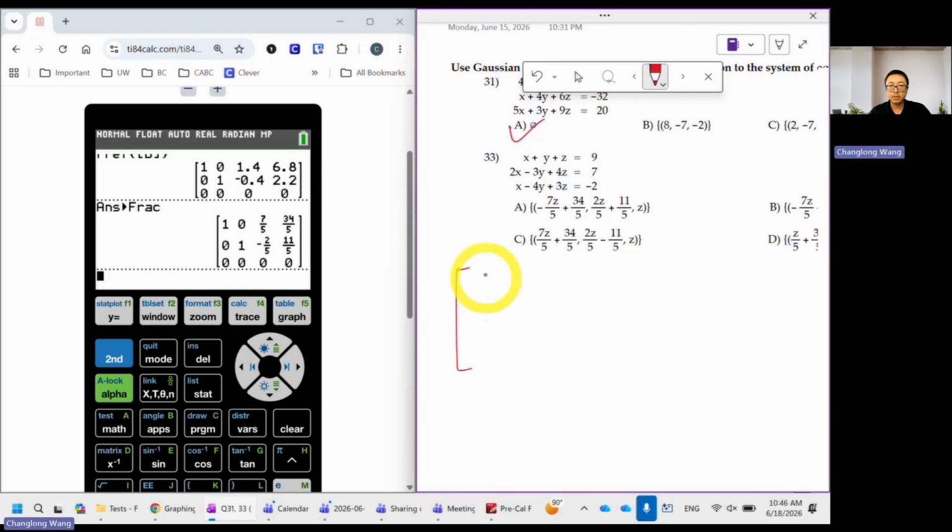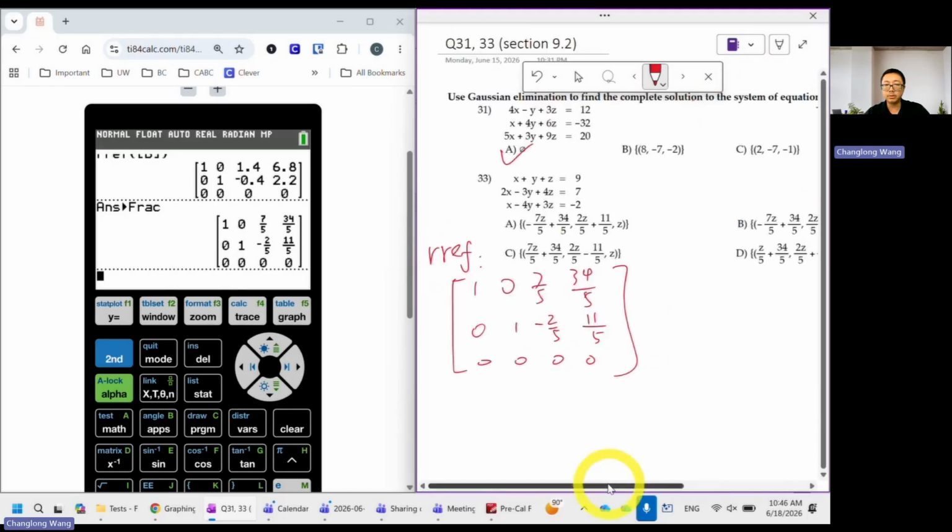Just to be safe: 1, 0, 7/5, 34 over 5; 0, 1, -2/5, 11 over 5; 0, 0, 0, 0. Right. So that's the RREF.